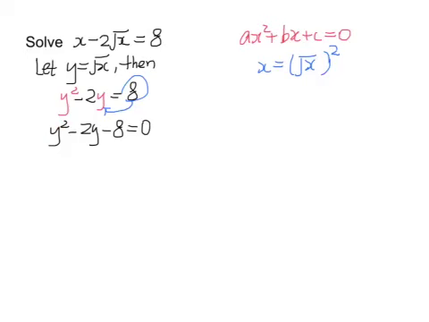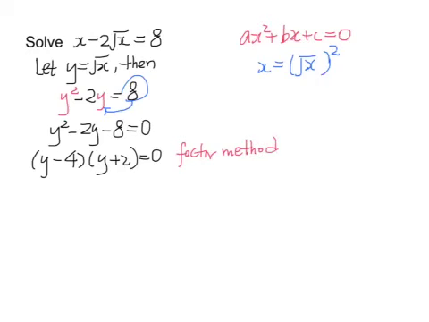So what do you need to do? Now using the factor method, we know that this is y minus 4 times y plus 2 equals 0.